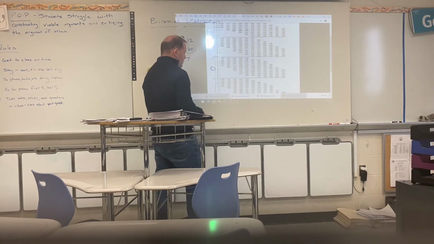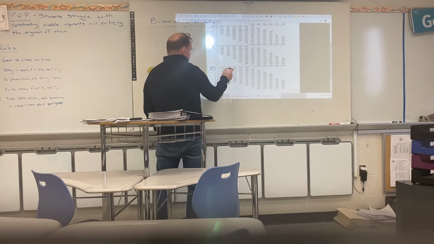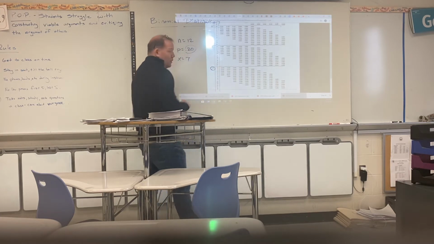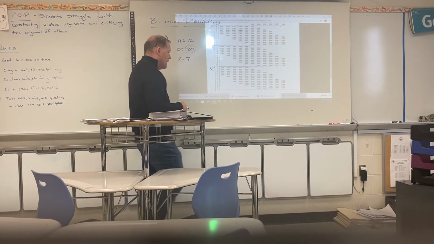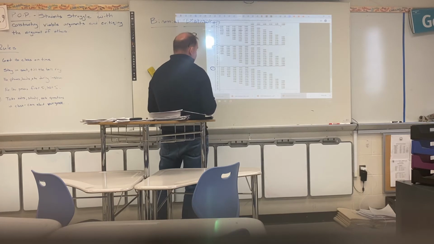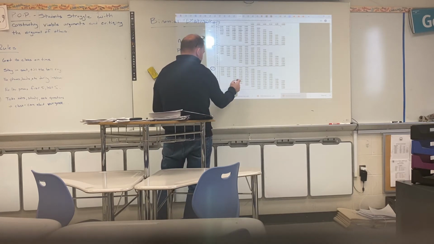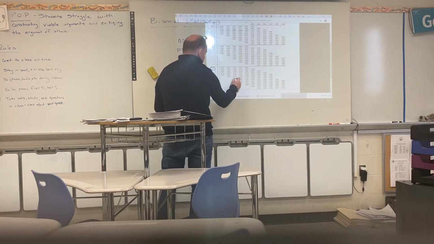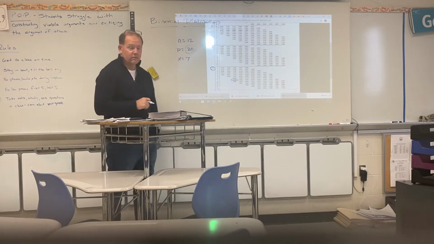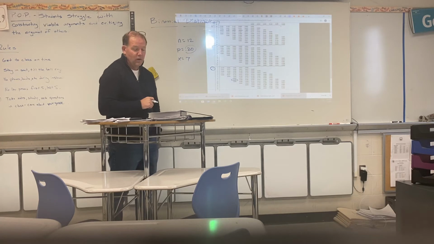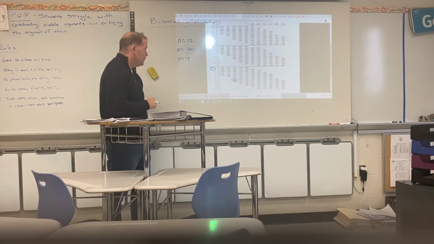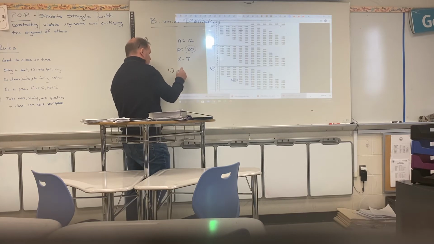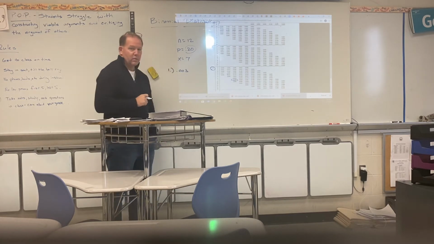Again, if we go up a little bit, a probability of 20% with a sample size of 12, we're looking for n being 7. And if we go across there with n being 7, it's 0.003. So for our first answer on our worksheet, the probability would be 0.003.